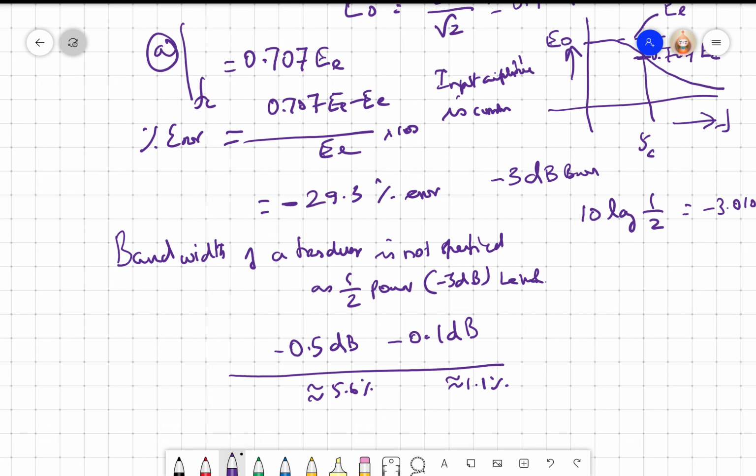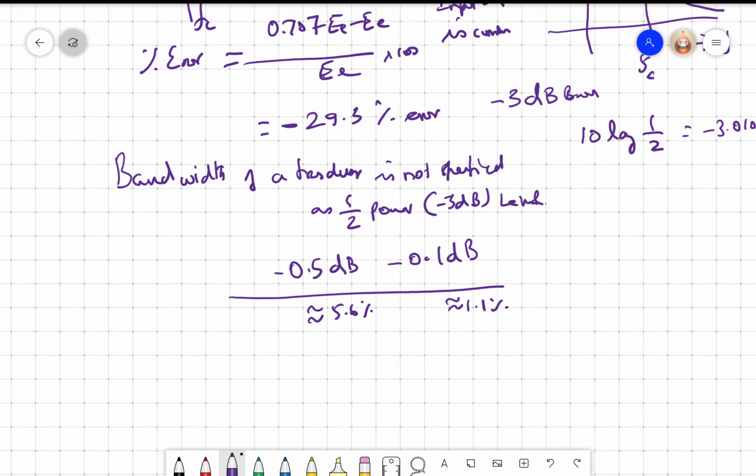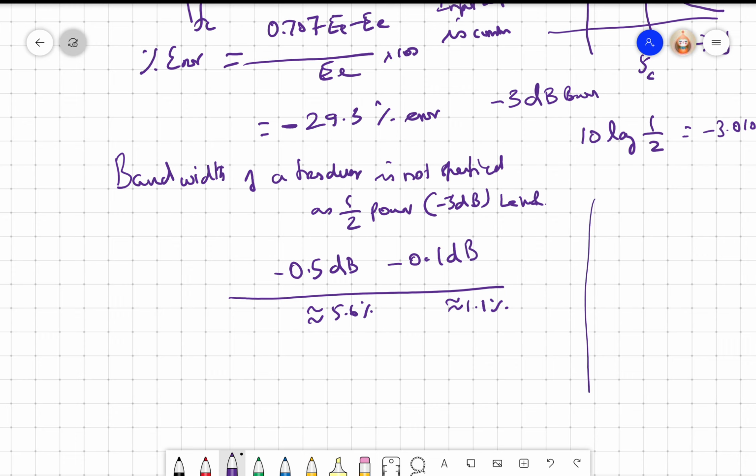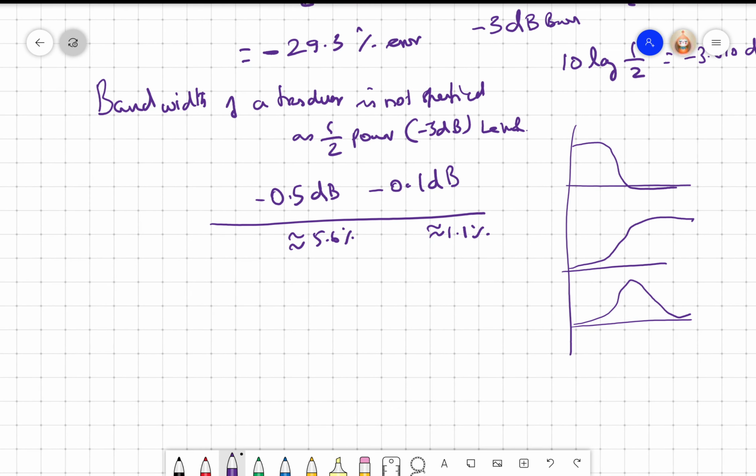So if we look at another important characteristic in the dynamic characteristics, it is the bandwidth, right? And we also know that there are four possible characteristics: the low pass filter, the high pass filter, the band pass filter, and the band reject filter or notch filter.